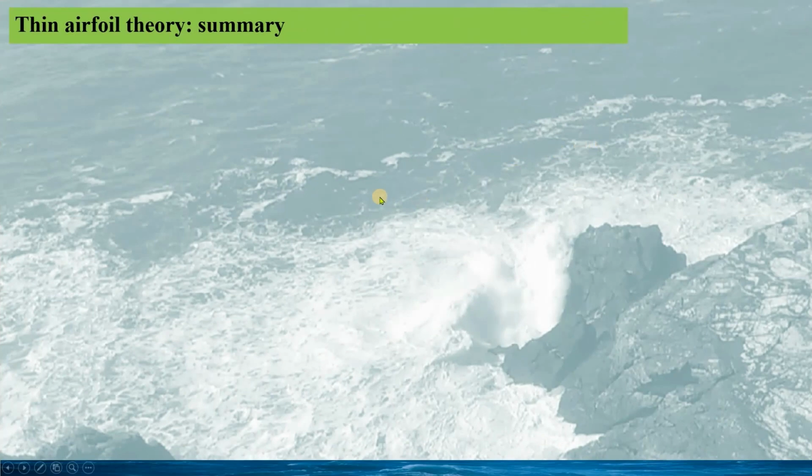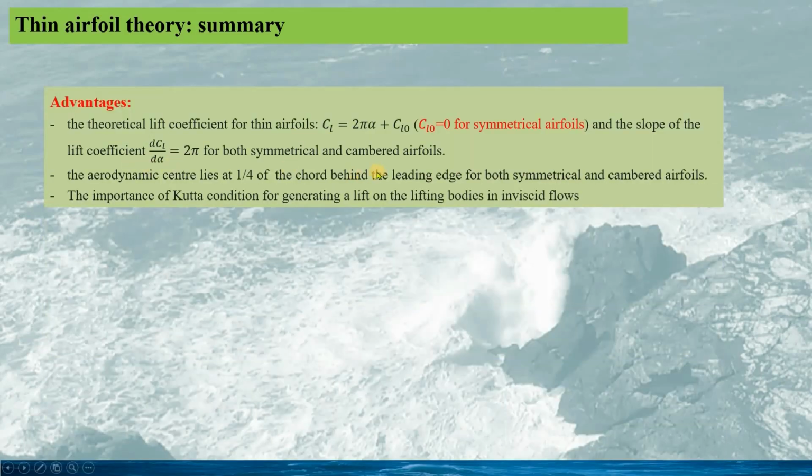In this slide, the summary is given for the thin airfoil theory. The advantages of the thin airfoil theory: the theoretical lift coefficient for a thin airfoil is given by this formula. Here, CL0 would be 0 for symmetric airfoils, and the slope of the lift coefficient is given by this, 2 pi, for both symmetric and cambered airfoils.